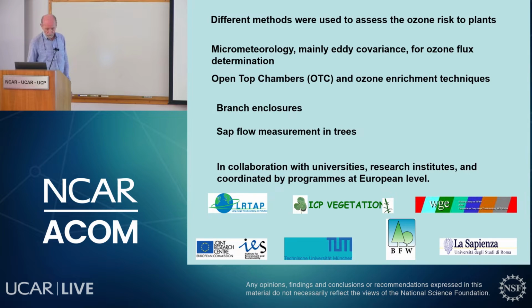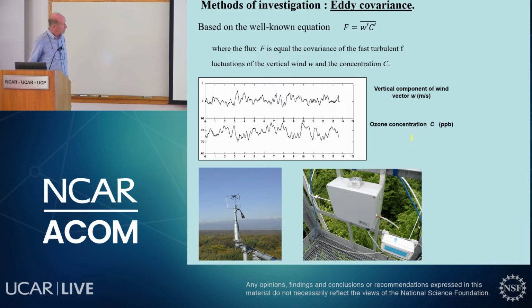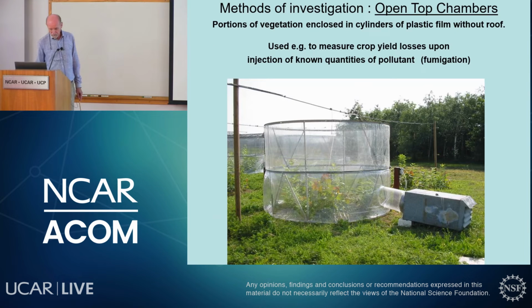We collaborated with universities and research institutes, and everything was coordinated at European level. This is just to mention eddy covariance and micrometeorology; everybody knows about these techniques, I think.